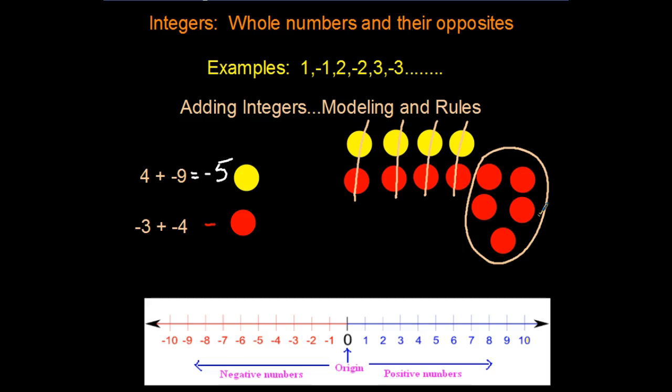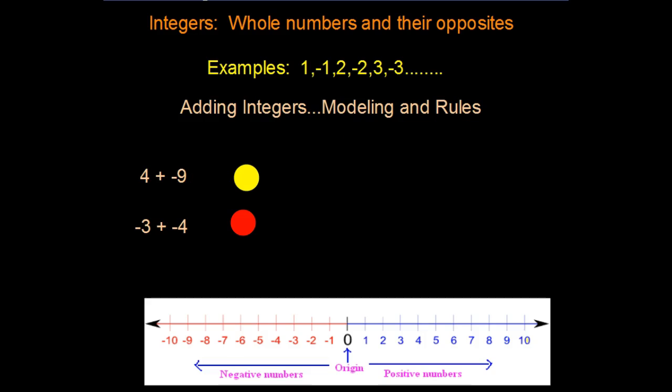Let's try that again with -4 plus -3. I'm going to bring out my counters. I'm going to start with my -3 here, so -1, 2, 3, and I also have -4. 1, 2, 3, 4. Now this scenario is a little different.